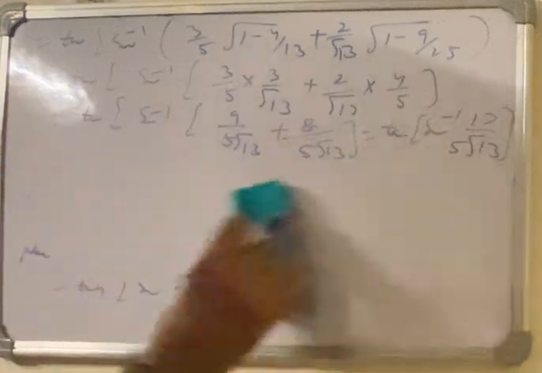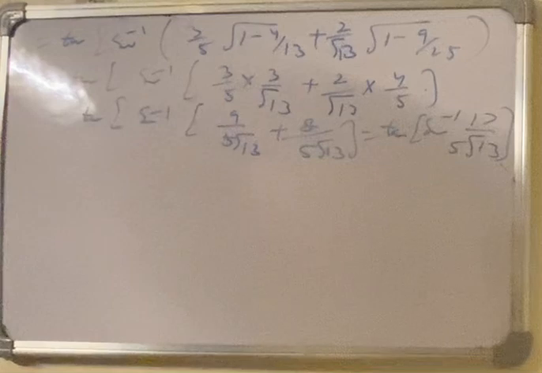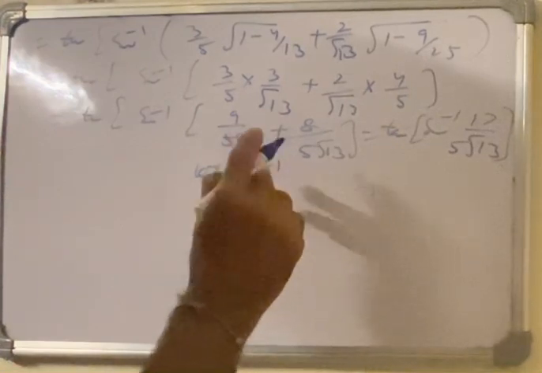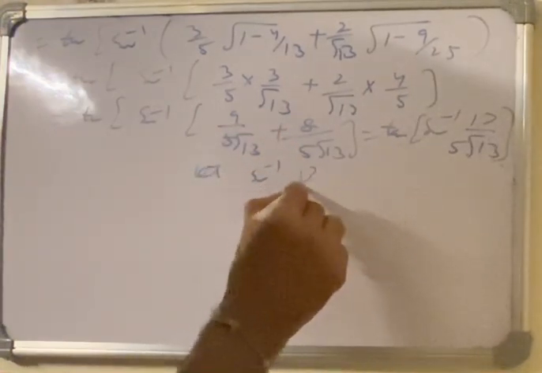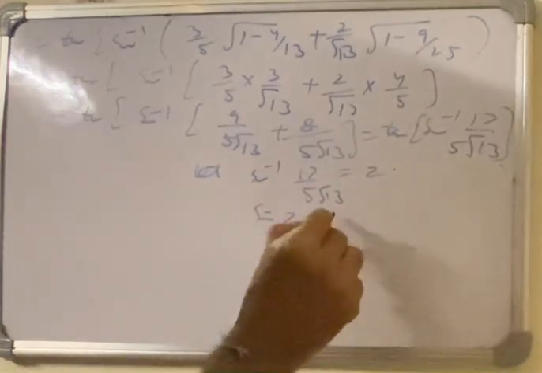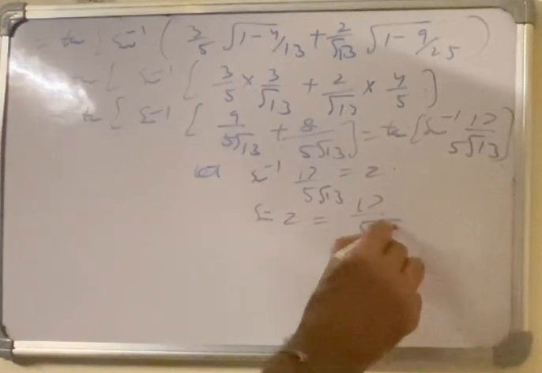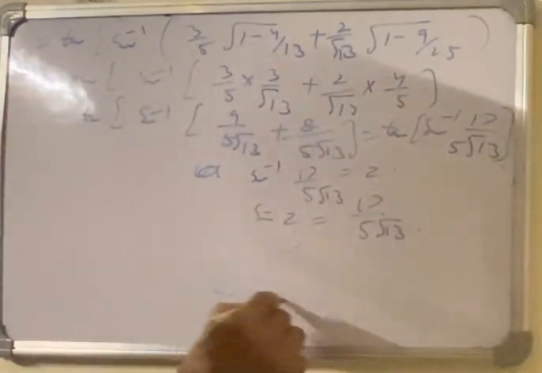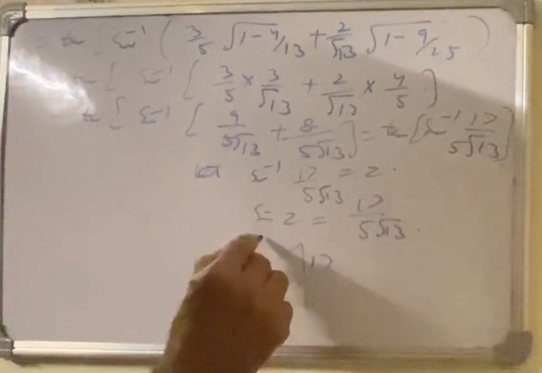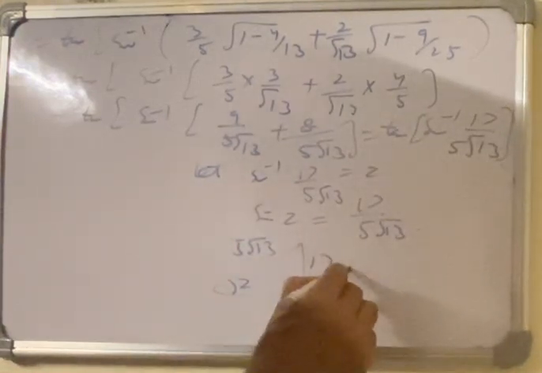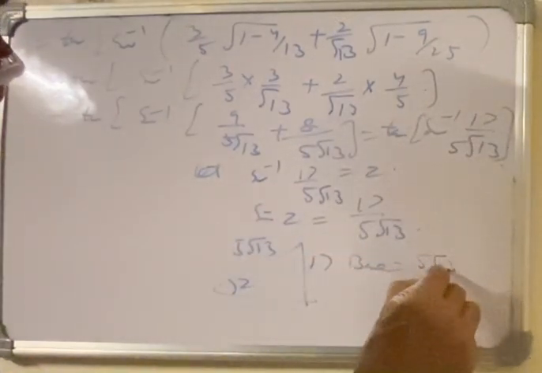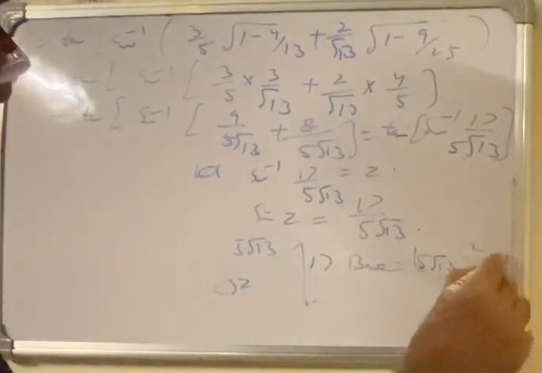Now let sin inverse 17 over 5 square root 13 be z. Sin z is equal to 17 over 5 square root 13. So we can apply a right triangle. This is z, this is 17, this is 5 square root 13. So its base is square root of 5 square root 13 whole square minus 17 square.